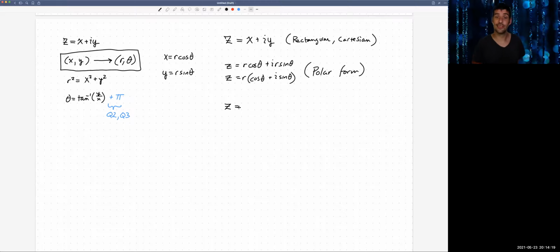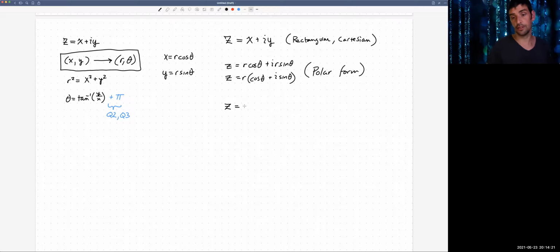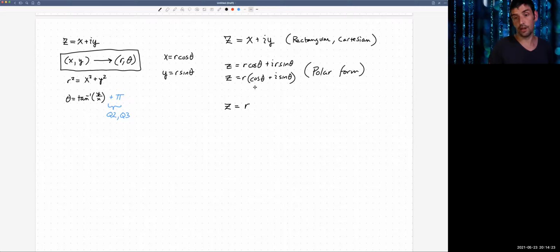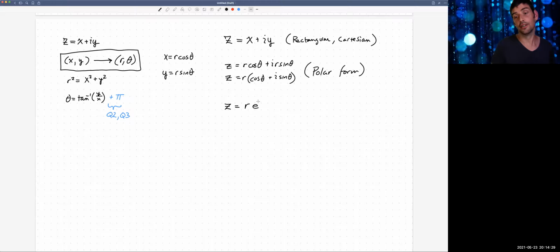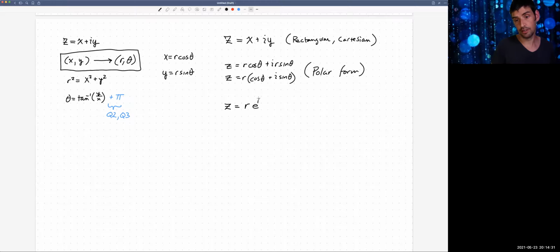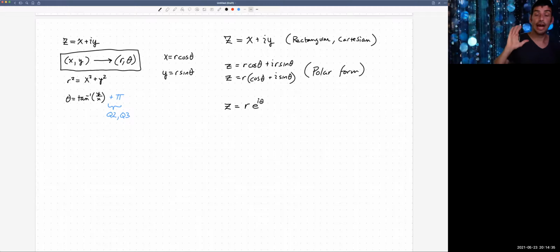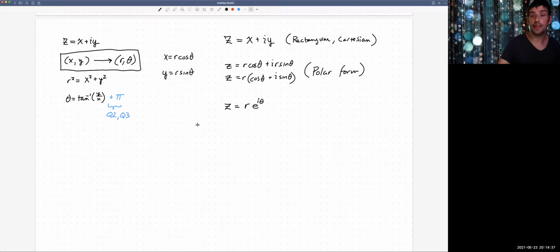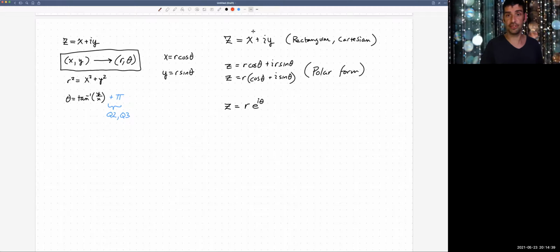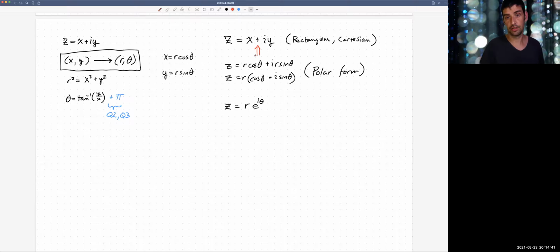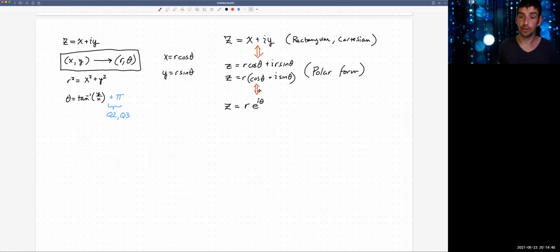Another way we can write down the same number is as follows. R, as written up here, but now we're going to do an exponential. E, and our exponent is i times theta. Completely, these are all representations of the same number, right?